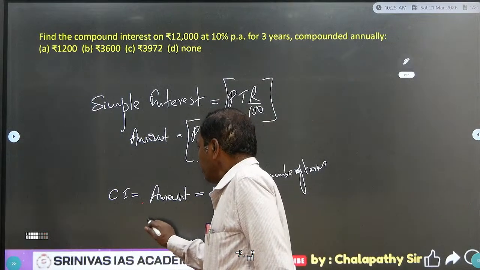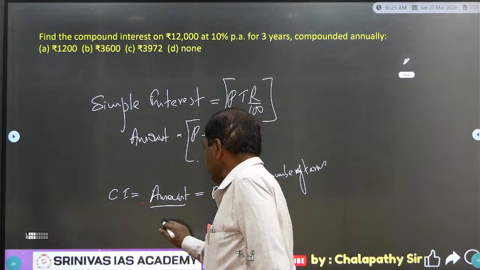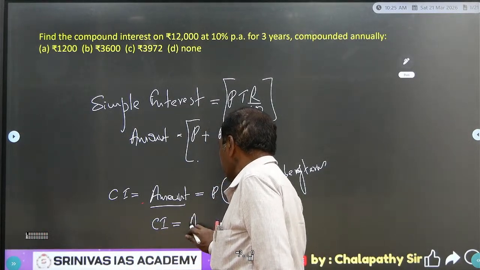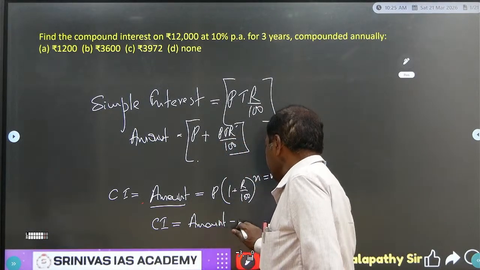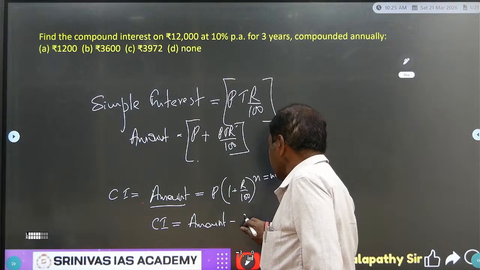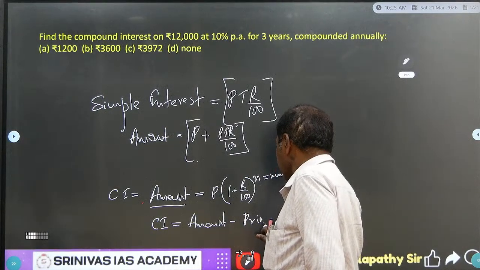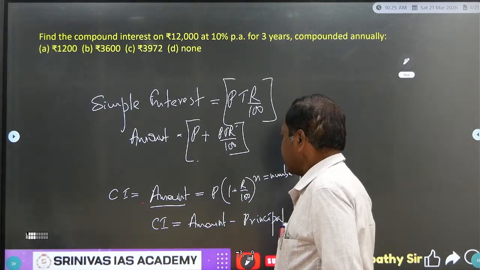Here, to know the compound interest, compound interest is equal to amount minus principal, and you get the compound interest.